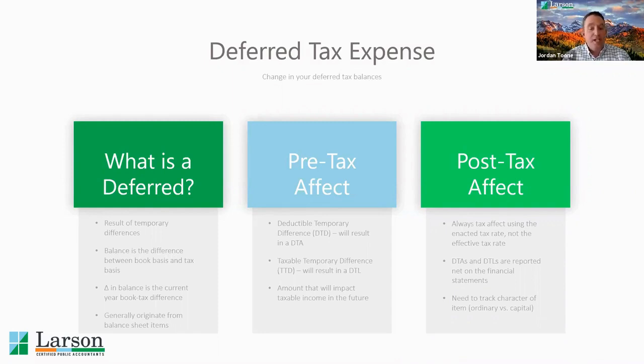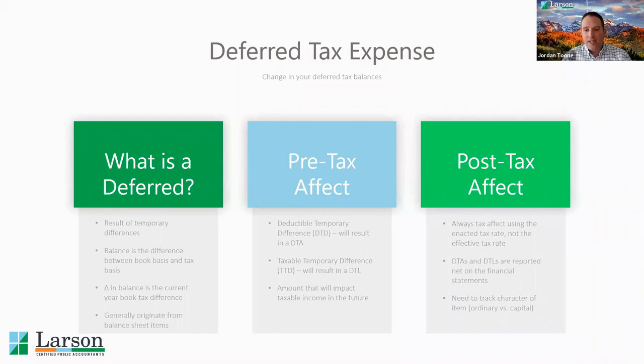DTLs are your taxable temporary differences. And so once you apply the tax rate, you have a deferred tax asset or deferred tax liability. Before you apply the tax rate, you have your deductible temporary difference or taxable temporary difference. Essentially, these are the amounts that impact your taxable income in the future.